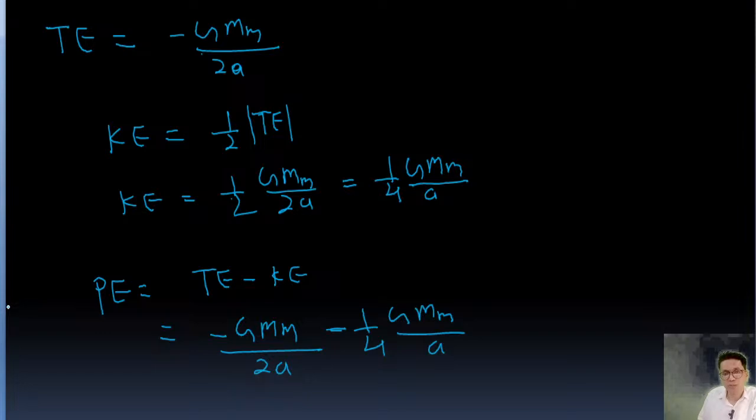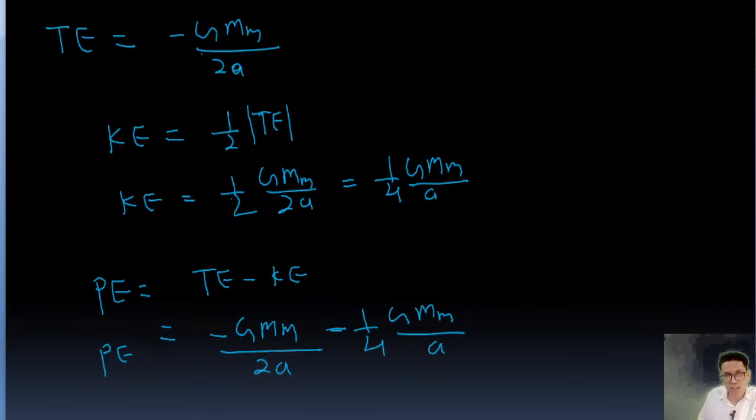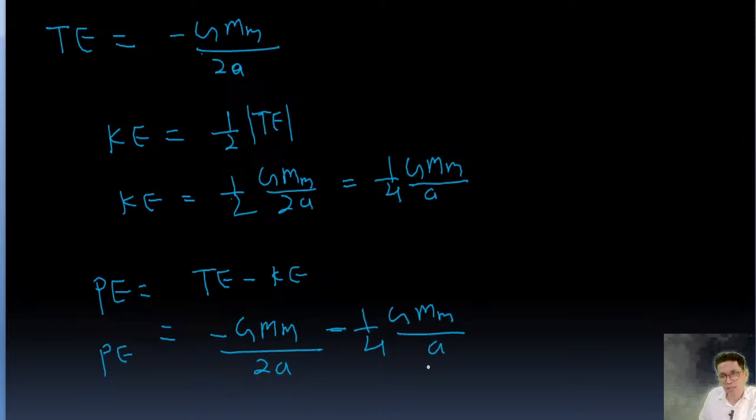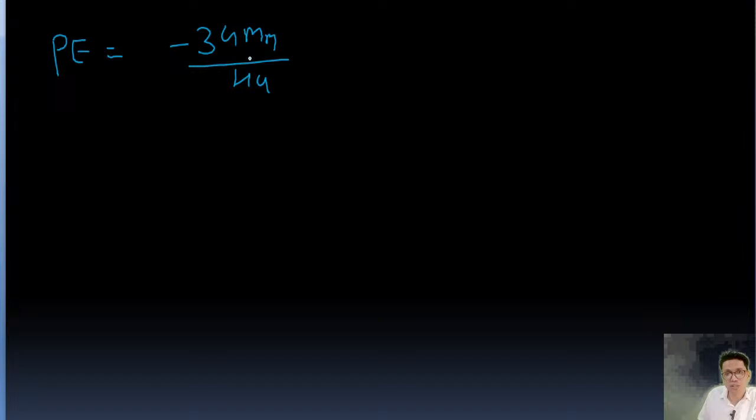If you solve it, it is a simple calculation: we have taken 4a as the LCM and cross multiplied. So the potential energy is minus 3 GMm upon 4a, where G is the gravitational constant.